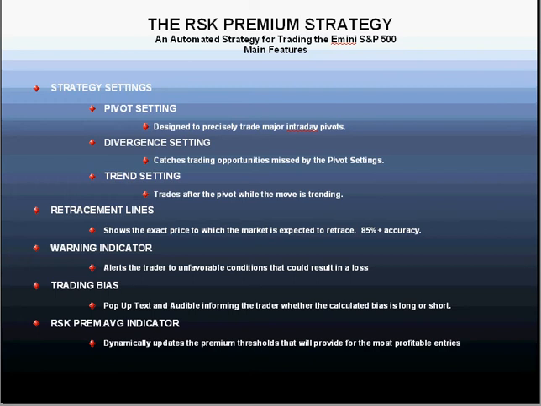Additionally, we have a pop-up window that also provides an audible that informs the trader what direction we believe the best trades can be taken. Then the Premium AVG indicator dynamically updates the thresholds that we believe will provide for the most profitable trades.